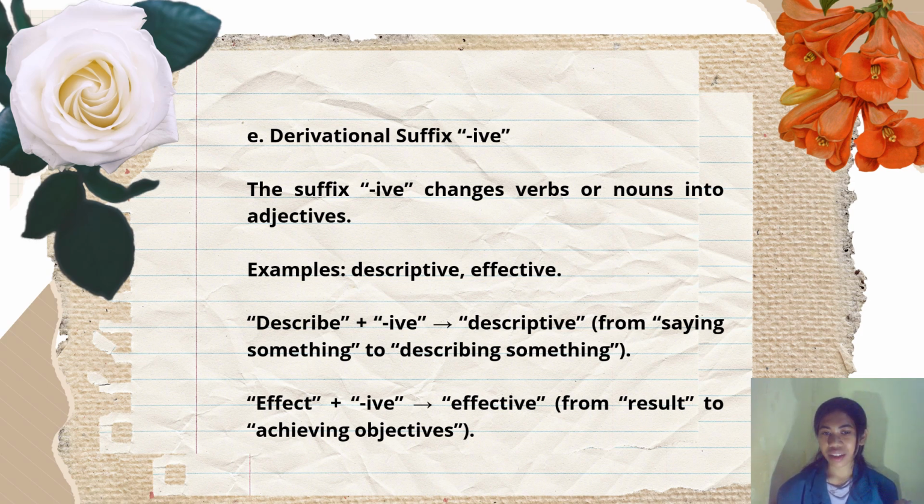So it changed the meaning of the word. And then the word effect plus the suffix "ive" becomes effective, from the result to achieving objectives. So it always changes the meaning of the word.